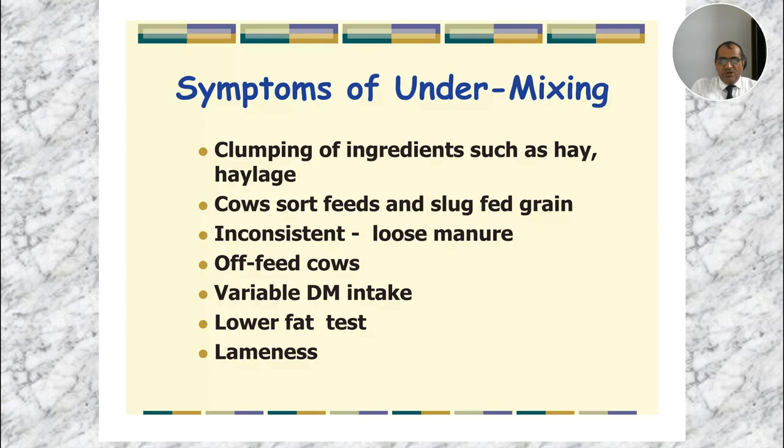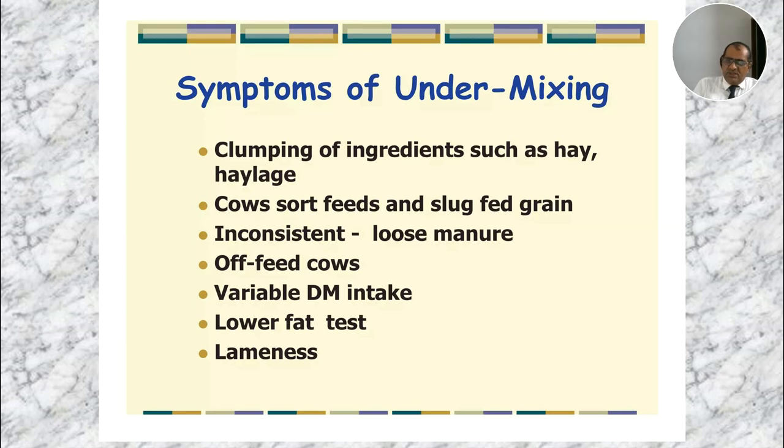Then the symptoms of undermixing are clumping up of the ingredients, especially in the case of hay or haylage, which get clumped. Cows short feed and sort the feed grain. They start picking up the grains and leave the dry matter. Then inconsistent loose manure will also be there, or the dung will be loose.